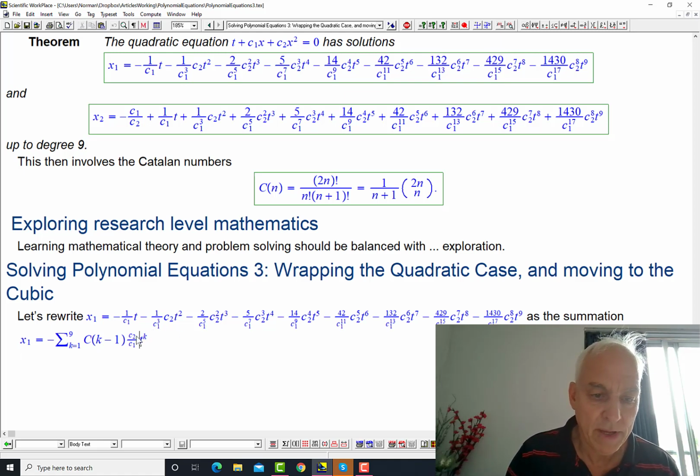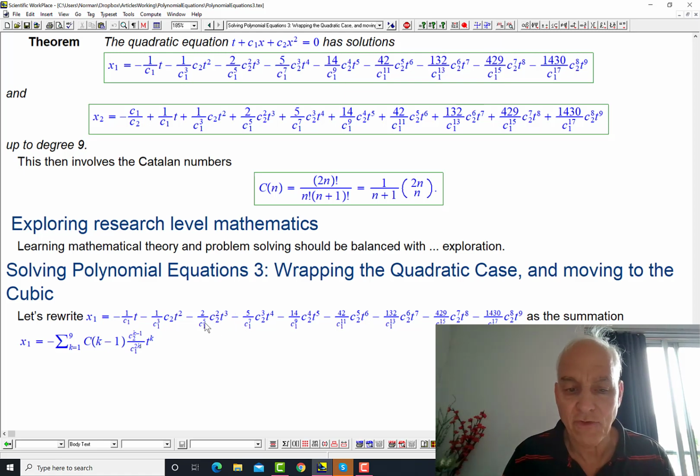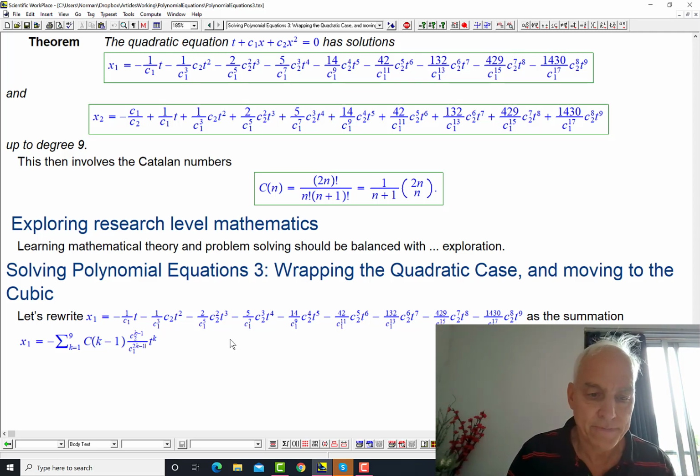So we should put up here the exponent k minus 1. And what about the denominator? There's power of c1. They are all odd powers. So the power here should be 2 to the something minus 1 or plus 1. Say 2 to the k. In case k is 3, we're going to get a power of 5. So we should choose 2 times k minus 1, it looks like.